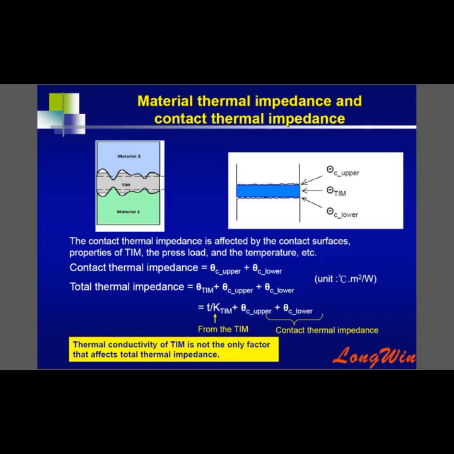Why? Because the thermal resistance actually is the key factor in this scenario. So here we can see the highlight sentence. The thermal conductivity of thermal interface material is not the only factor that affects total thermal impedance.